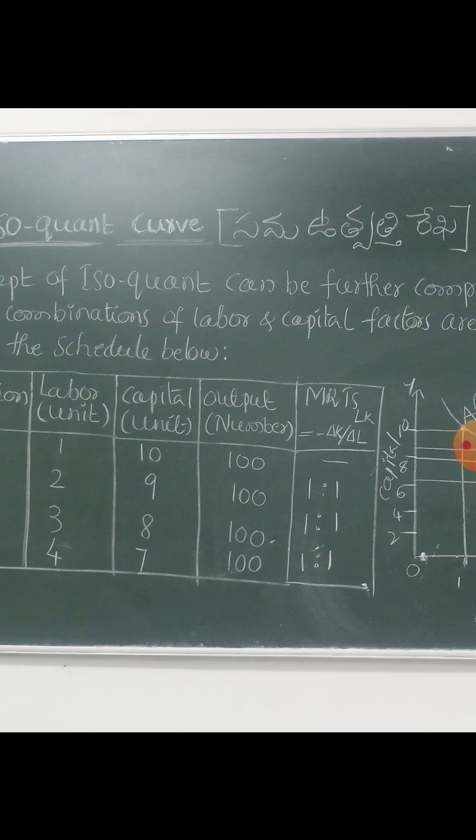First, what is the difference between the capital units 10, 9, 8, 7? This is a change of 1, 1, 1, for labor 1, 2, 3, 4. The difference 2 minus 1, 3 minus 2, 4 minus 3 is 1.